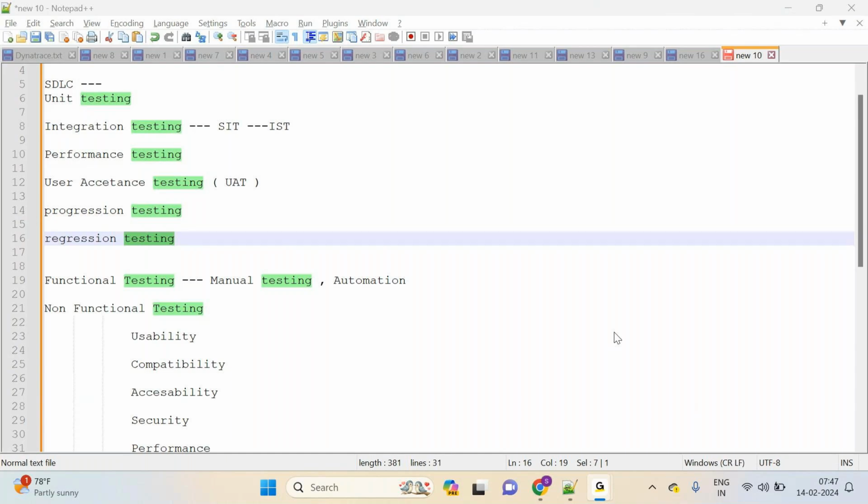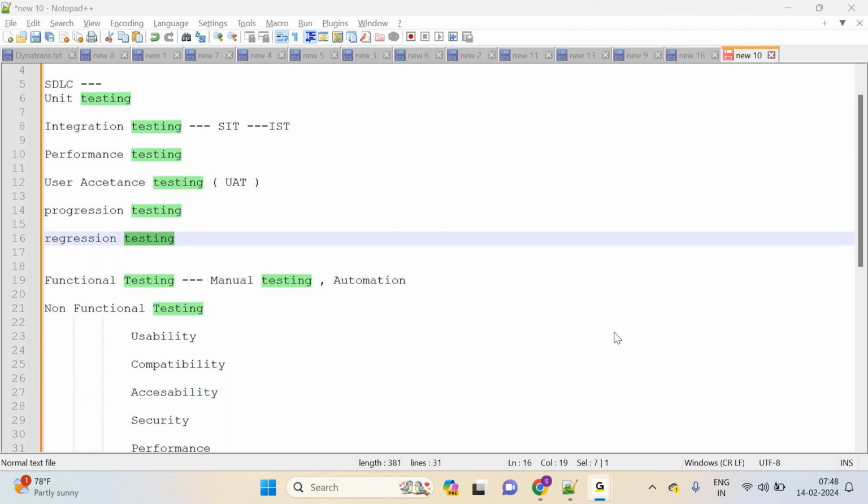Say one release is completed, or you completed the execution one time, and the second time you do the same activity, that is called regression testing. For example, I completed the first release, and for the second release I need to check the same functionality; that is called regression testing. I am repeating that test.